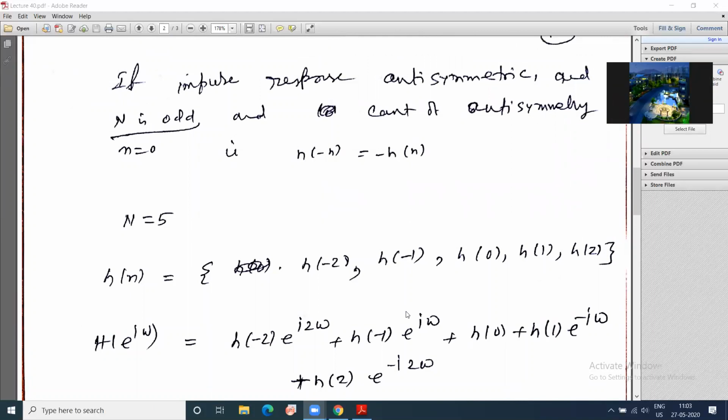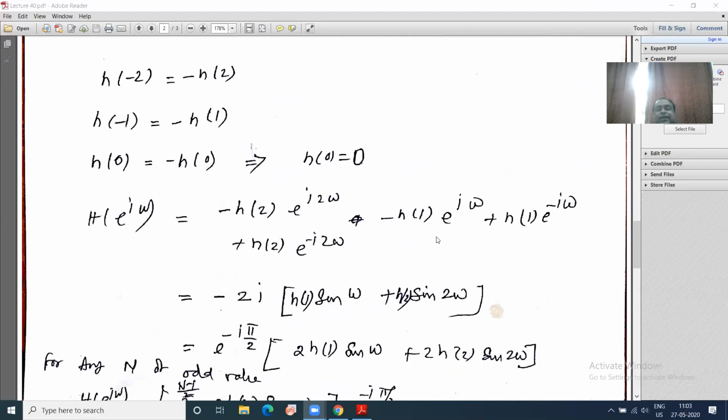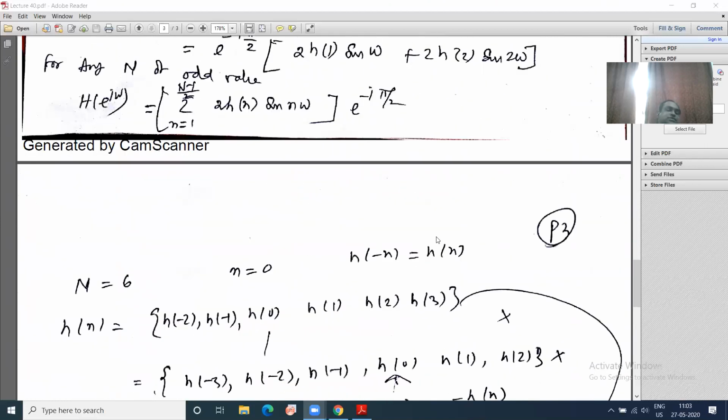Then you should have asked why not even? Because with respect to the origin, even cannot be distributed. Very good. Yes, you are correct. Amit is correct. With respect to the origin, we cannot distribute this.